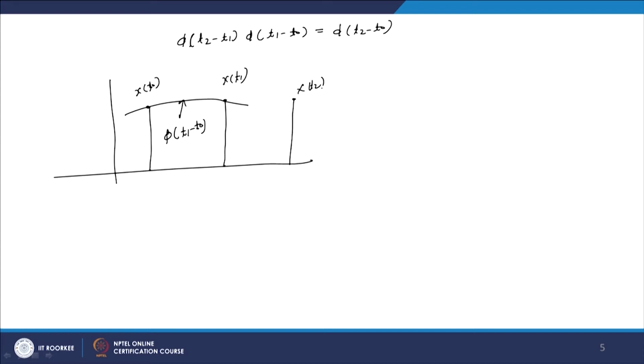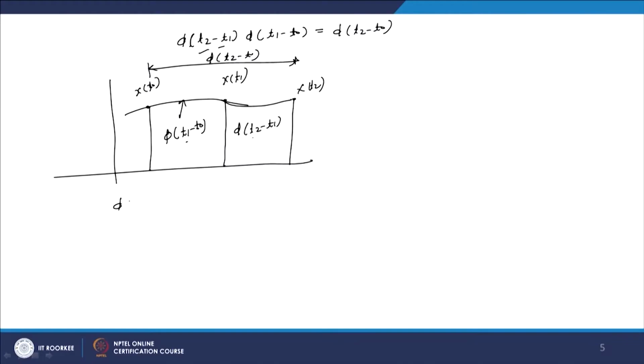Here also the state has been transformed from x of t1 to x of t2, so it has been represented by phi of t2 minus t1. You just see this: phi of t2 minus t1 times phi of t1 minus t0 equals phi of t2 minus t0, that is this particular portion. Now, we have to prove this part mathematically.